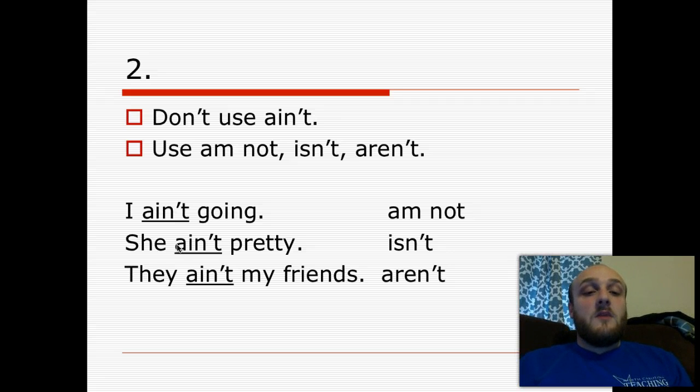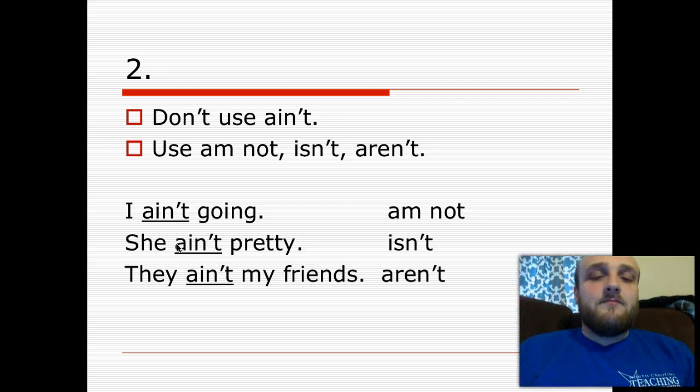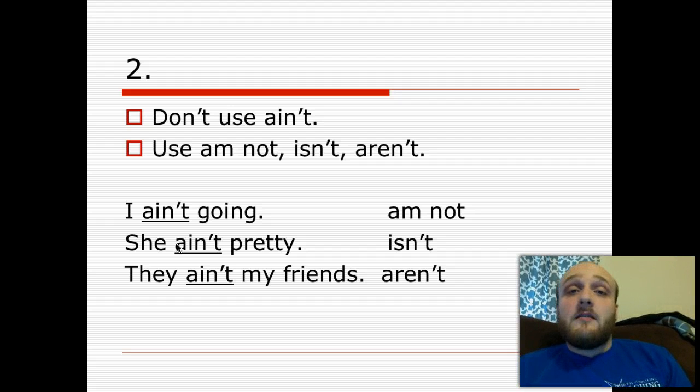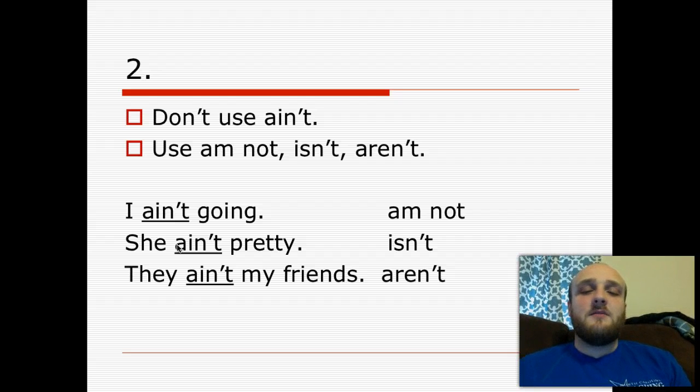When you're referring to somebody else, you need to say isn't, okay, in this sentence. So, she isn't pretty. Not saying that she isn't pretty, but just for the sake of the example. Finally, they ain't my friends. Okay, that's also incorrect. You're going to use the word aren't. They aren't my friends. They are not. Okay, that is a contraction that you would use instead of ain't.